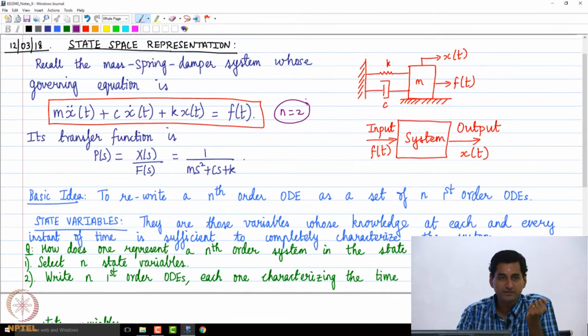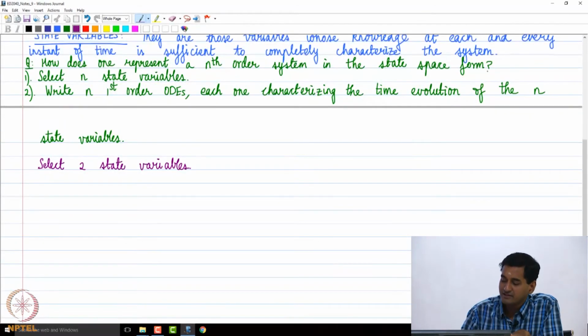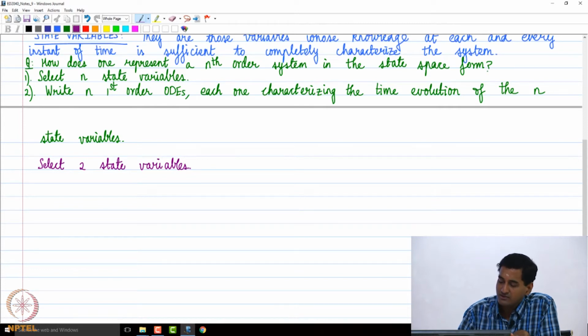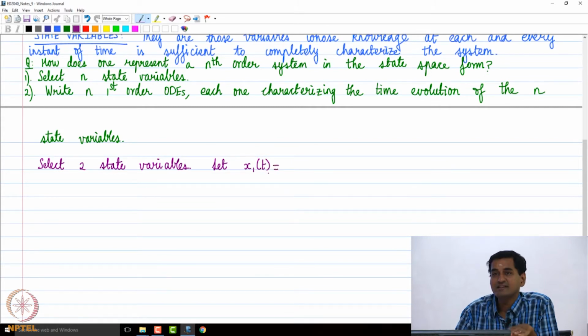So that's something which we already know, correct? Yeah. So, I have to select two state variables. So, by and large state variables are denoted by the character x. Okay. So, let the first state variable be x1, okay. Please do not confuse this x with the displacement x. Okay. So, by and large it is a convention to write the state variable using the character x.